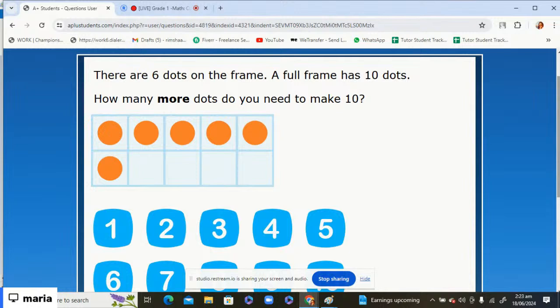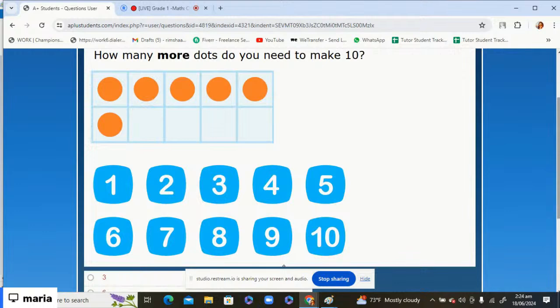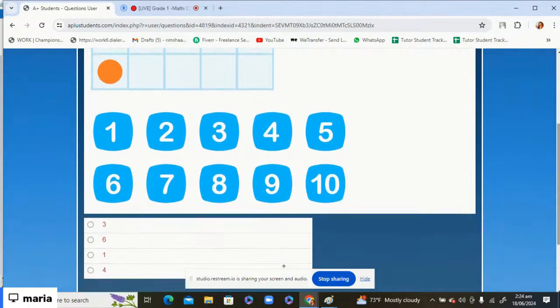Think about it. It's 3 dots, 4 dots, or 5 dots. 6 dots are given. Count the blank spaces and then tell me. How many blank spaces are there?